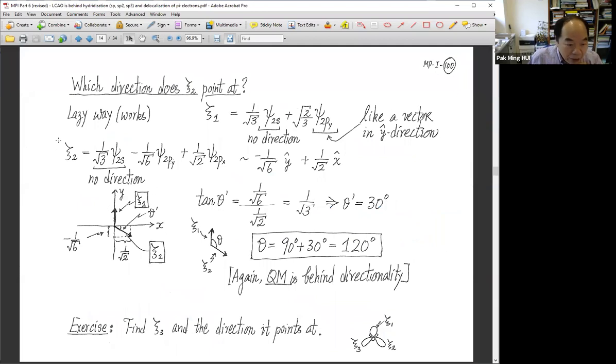Okay, so now we have side 2. Let's look at what is its direction. All right? So I exercise the same thing. This has no direction. I see something that is pointing to the X. So it has an X component, but it has a Y component as well. And even I can see that it has that long X component and that long in the minus direction, a Y component.